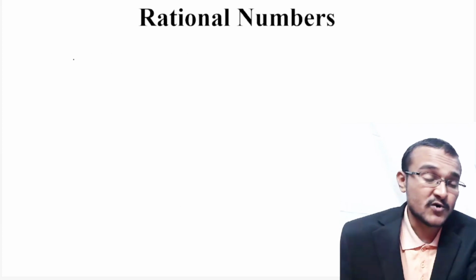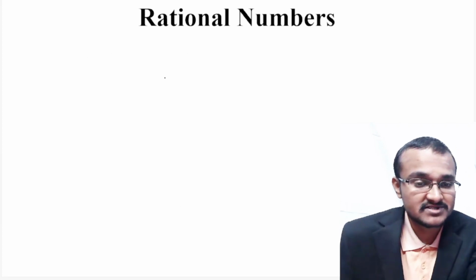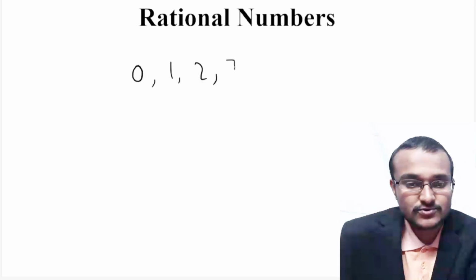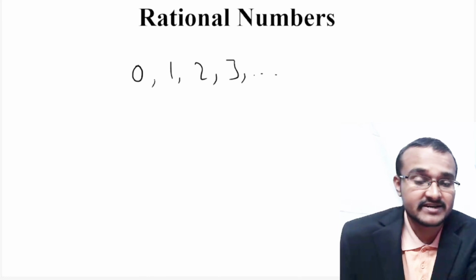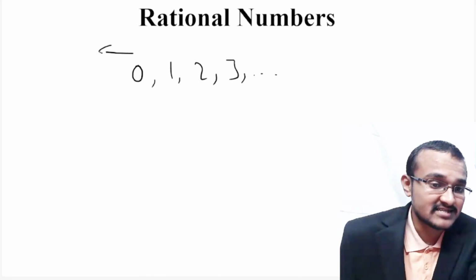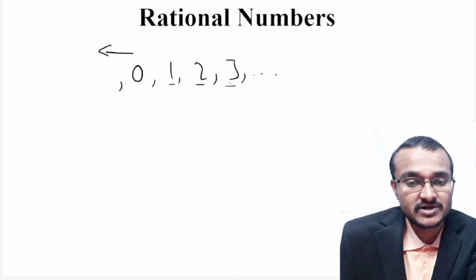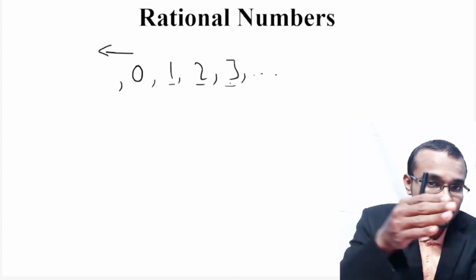Now you might be wondering what is behind 0, because we have started from 0, 1, 2, 3 and it goes up to infinity. Behind 0 will be the negative counterparts of the positive numbers.